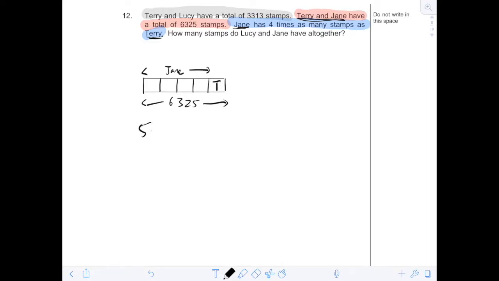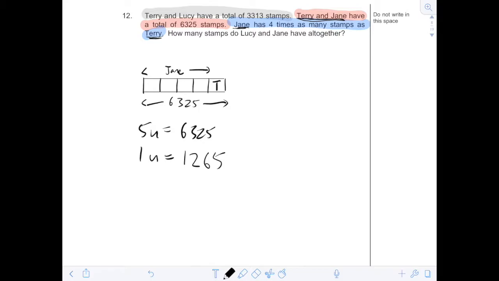So here you have 5 units equals 6325. 1 unit will be equal to 6325 divided by 5, you get 1265, if I'm not wrong.